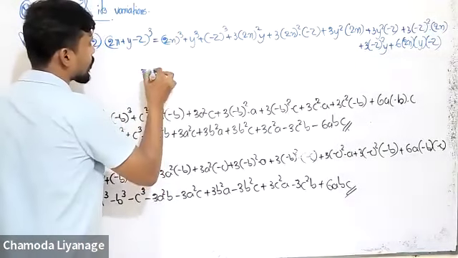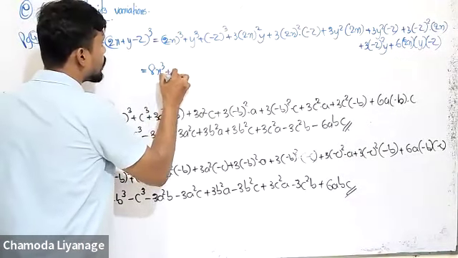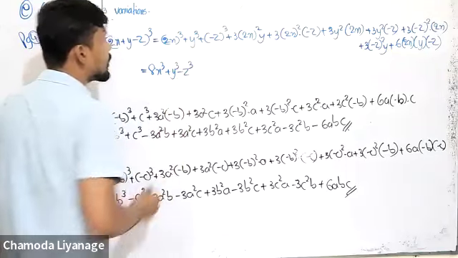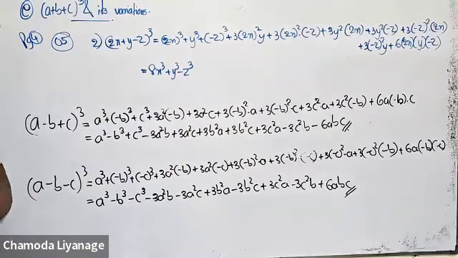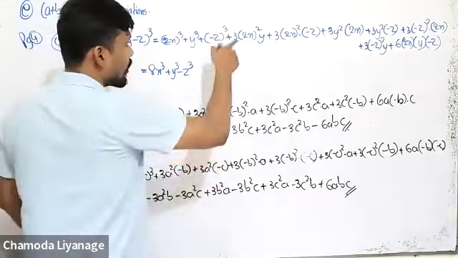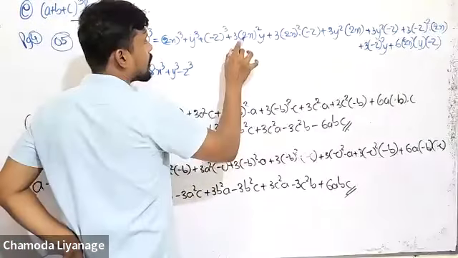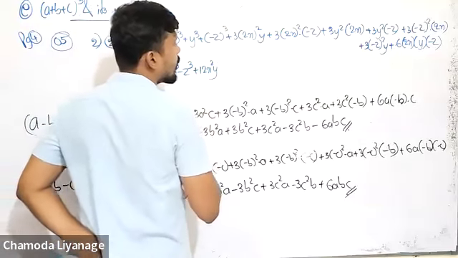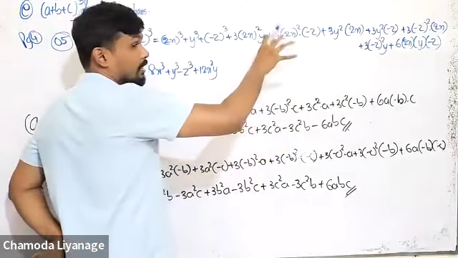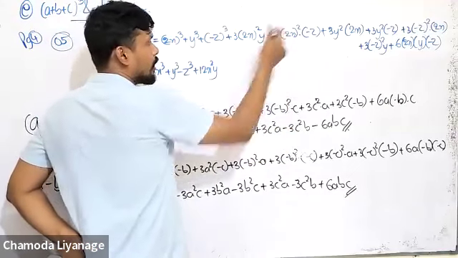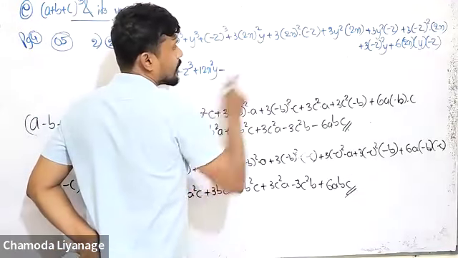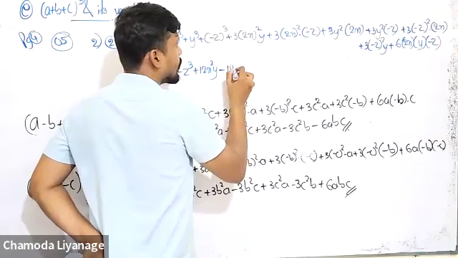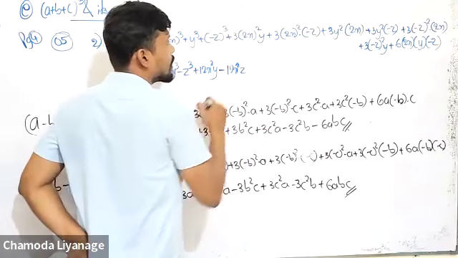the simplification part. 8x cube, y cube, minus z cube. And here first simplify the numbers. 2 squared is 4, 4 into 3 is 12, x squared into y. And here first check the sign, because there is a minus sign and the final sign is minus. 4, 4 into 3, 12, x squared into z, okay?